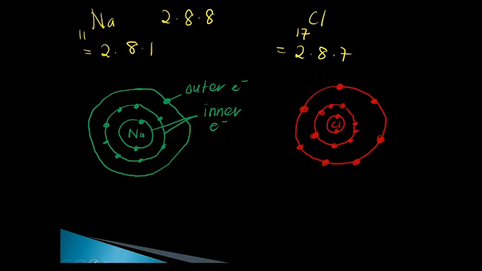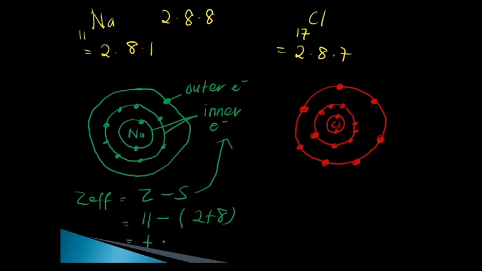So what is the ZEF for sodium? The formula for ZEF is Z minus S, where S is the inner electrons. Hence, ZEF is the proton number, which is 11, minus the inner electrons, which is 2 plus 8.